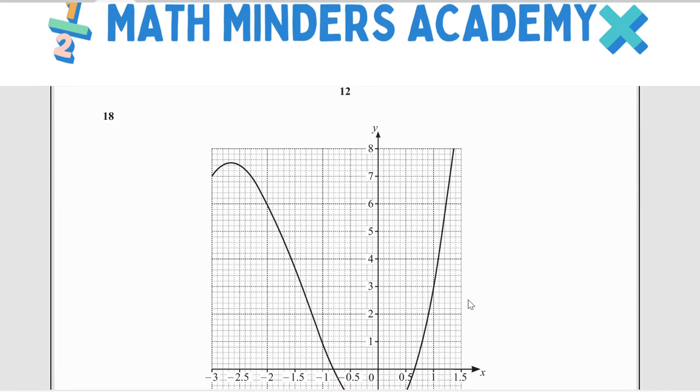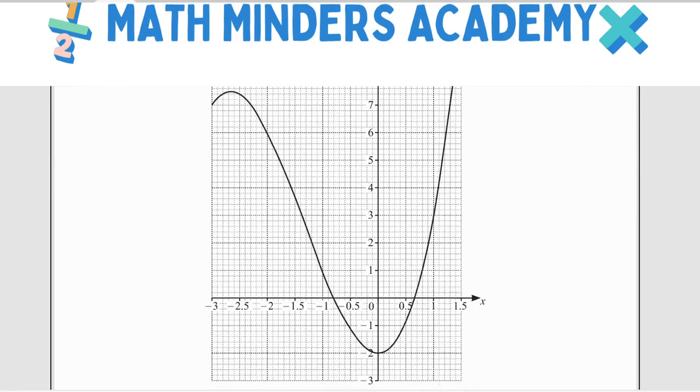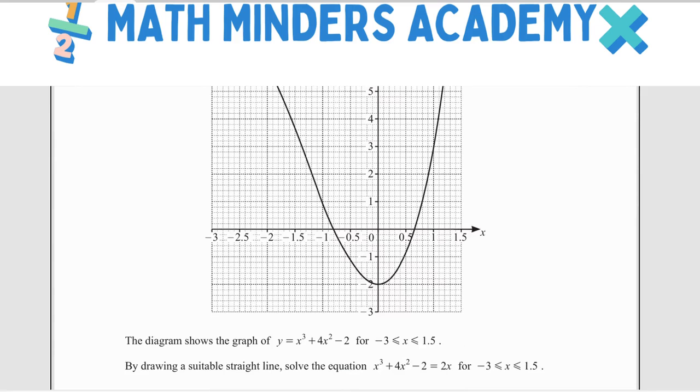Let's proceed to question number 18. We are asked to draw a suitable straight line here to solve this problem. So remember that the whole of this is the same thing as this, which we call y.